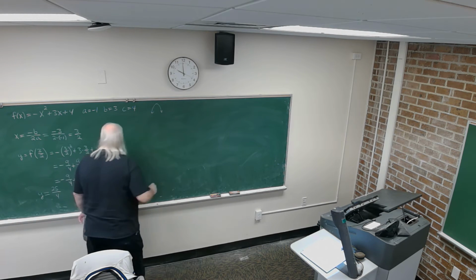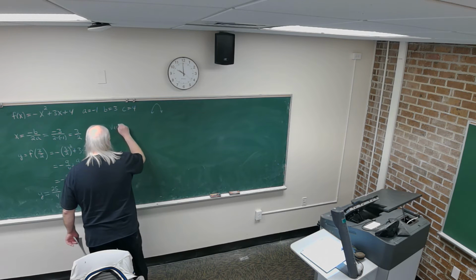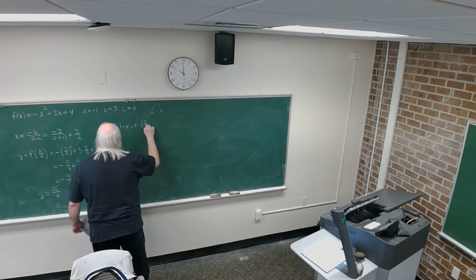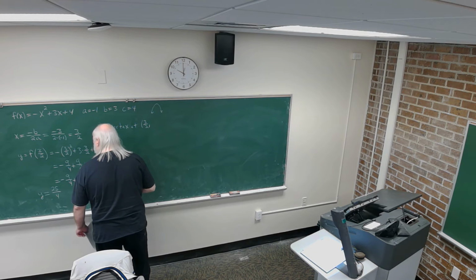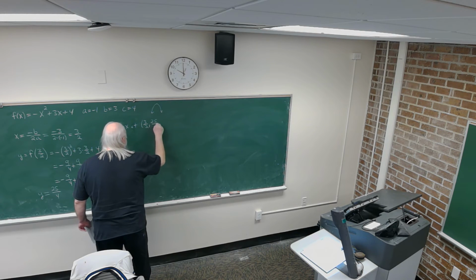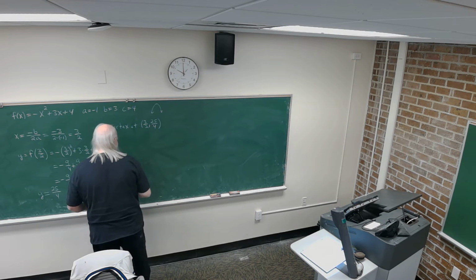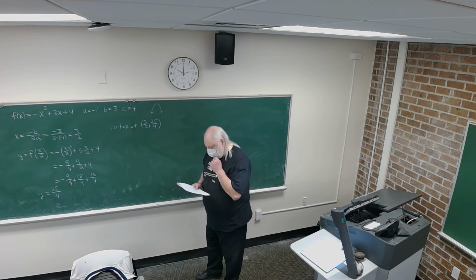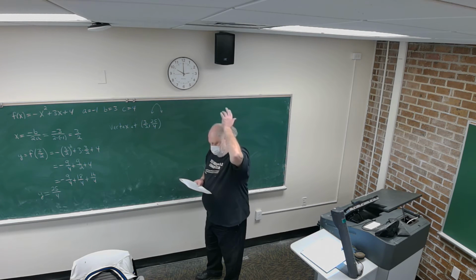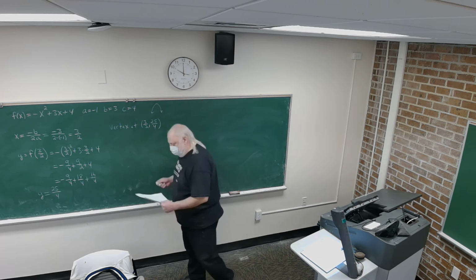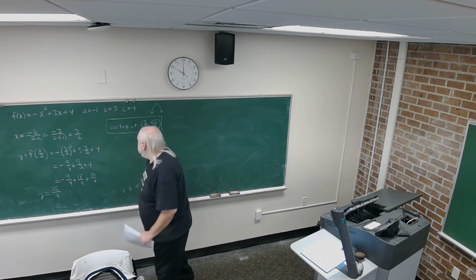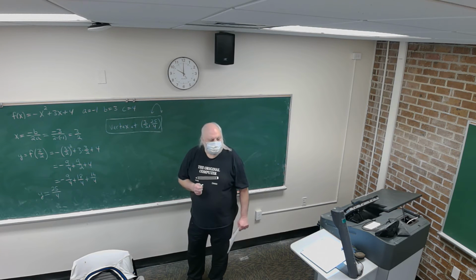So for this problem, the vertex is located at the point 3 halves, 25/4. 3 halves is the x coordinate, 25/4 is the y coordinate. Okay? What's the axis of symmetry?